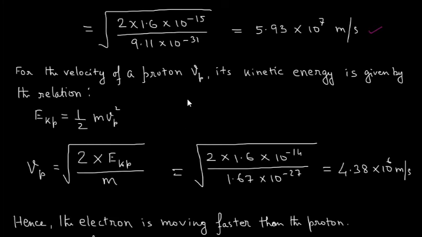For the velocity of proton Vp, its kinetic energy is given by the relation KEp is equal to half m Vp square. Vp is equal to under root 2 multiplied by KEp upon m. Putting the values, we get 4.38 multiplied by 10 to the power 6 meter per second.